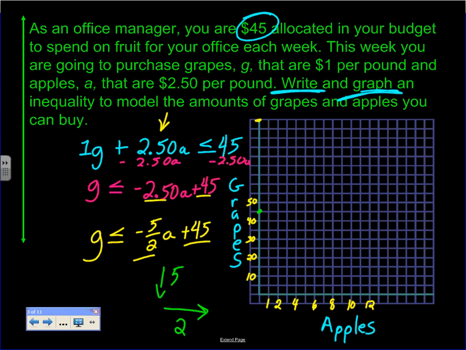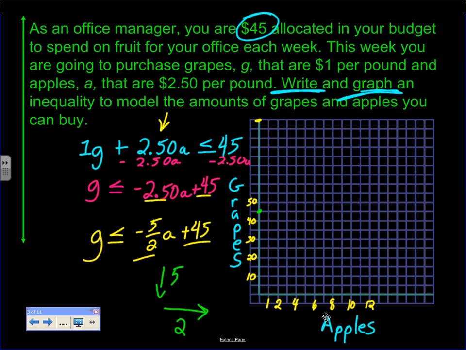But we have to look at our graph, though. We can't just go down 5 blocks and then over 2 blocks, because if we went down 5 blocks, that puts us right here at 20, and from 45 to 20, we know that's not 5.